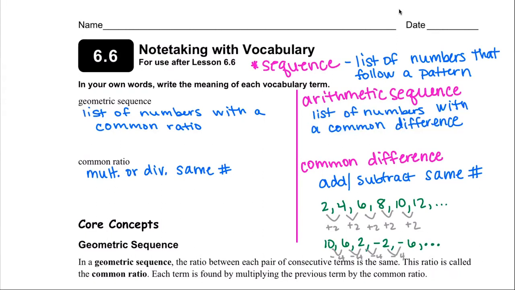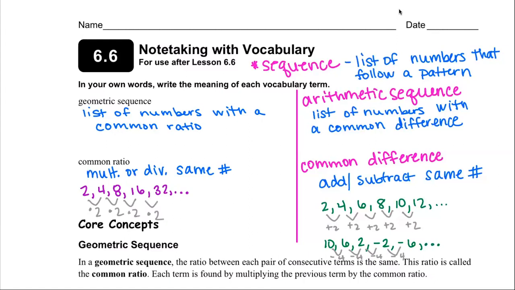So for example, here is an example of a geometric sequence where our common ratio is 2. We're multiplying by 2. We're multiplying by 2. We're multiplying by 2.